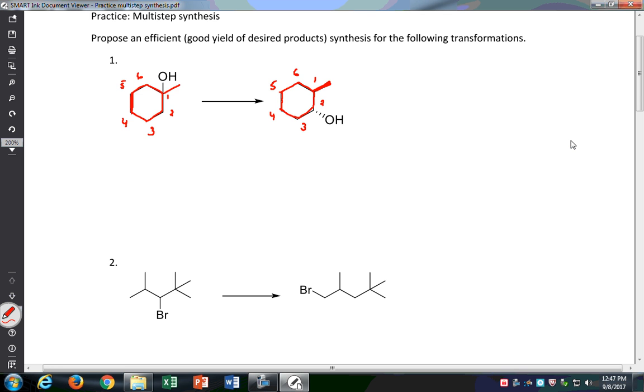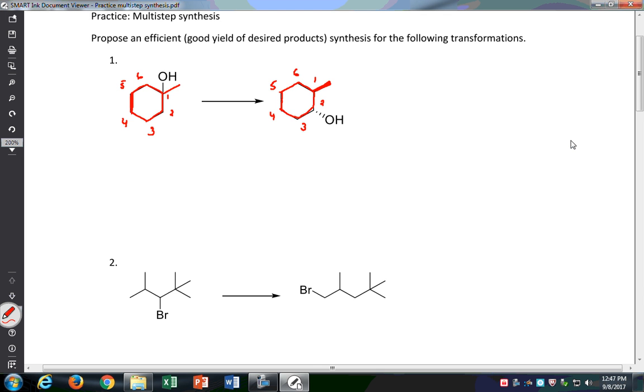So we see our starting material has the same amount of carbons, and we have a 6-membered ring with a CH3 group on carbon 1. That's true for both our starting material and our product. So where's our differences? Our differences are in carbon 1, we have an alcohol in the starting material, and in the product, our alcohol is in carbon 2.